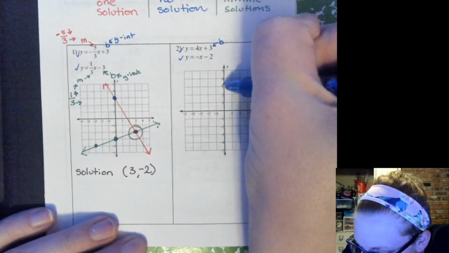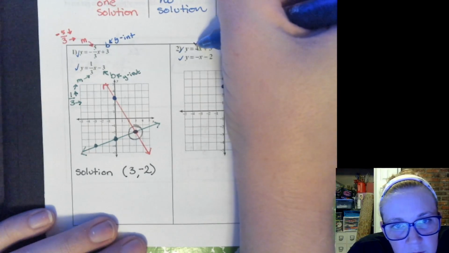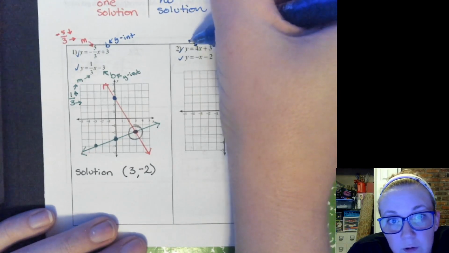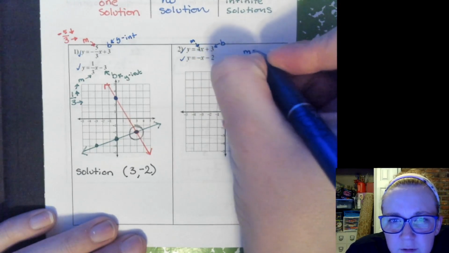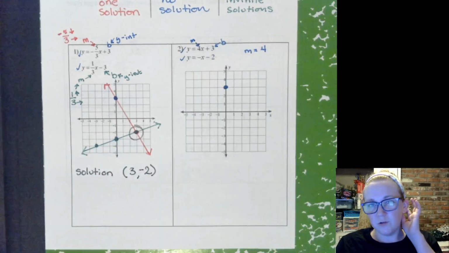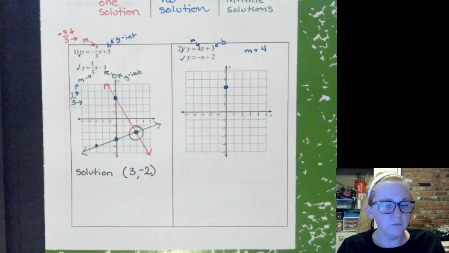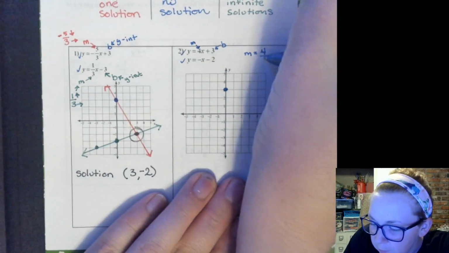We're going to put our dot at +3. And then our slope this time just says 4. If it helps you, can you turn a whole number into a fraction? The answer is yes, you can. All you have to do is put it over a 1.